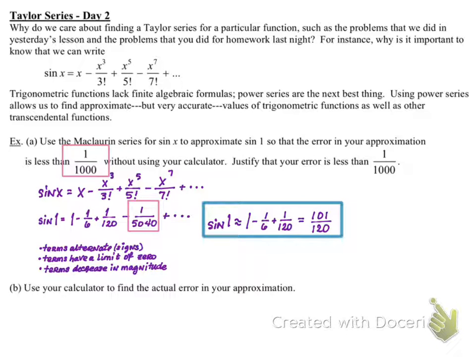Sorry, it's really hard for me to talk and write at the same time. So what you just see there is that, because it's an alternating series, the absolute value of the error must be less than the absolute value of that leftover term, which is in fact less than 1/1000th.